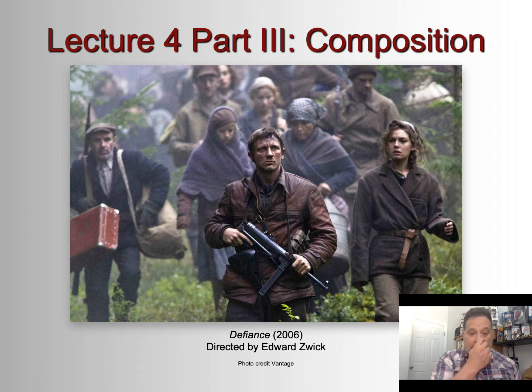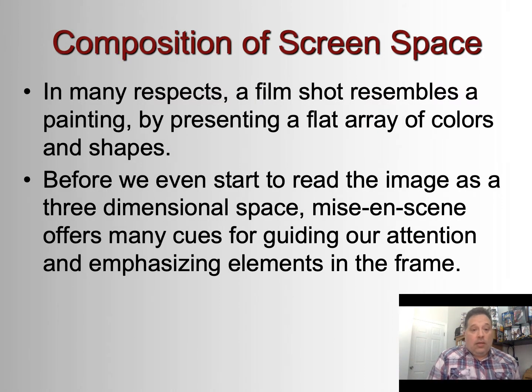And composition has to do with the way that the various elements of the scene are arranged visually. So in many respects, a film shot resembles a painting, right? We know this because if we look at what our films are presented on, they're presented on flat screens, like a flat screen TV or your phone, right?